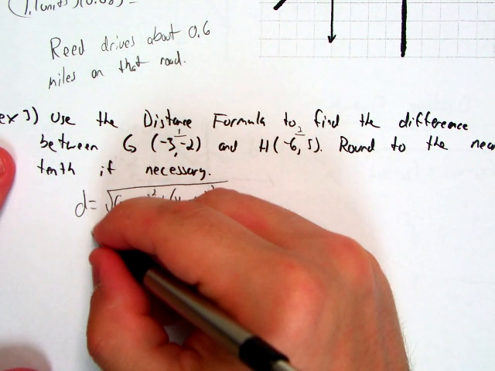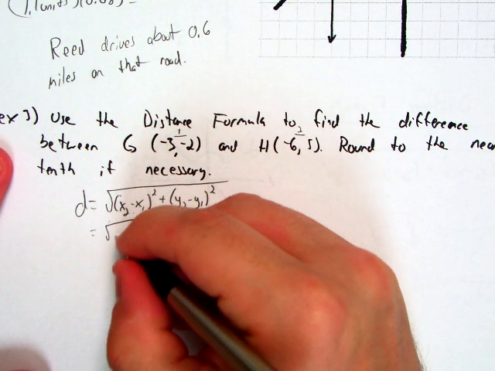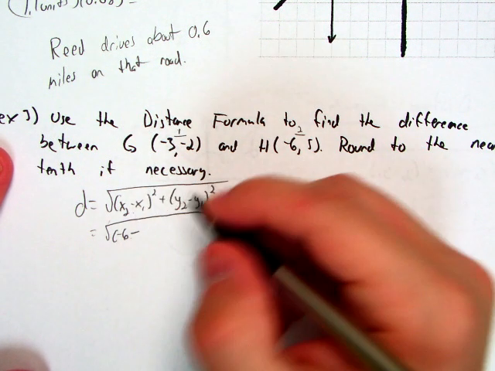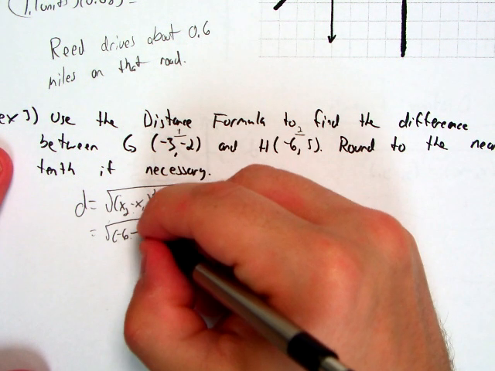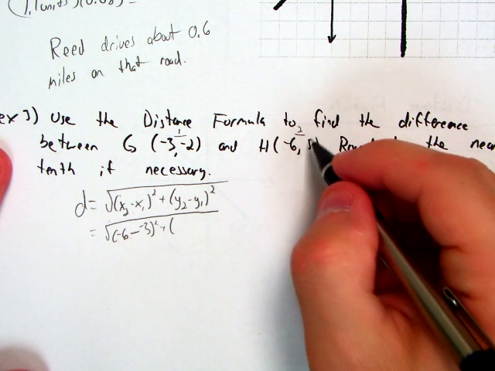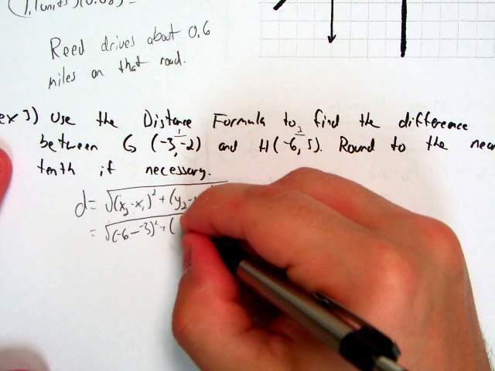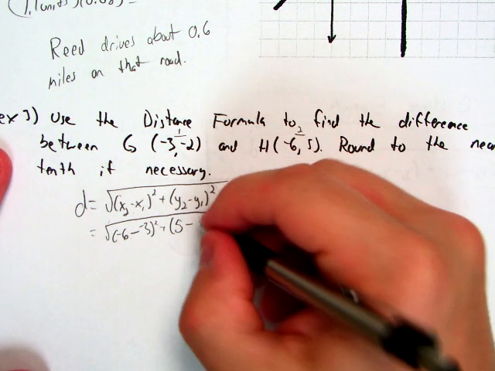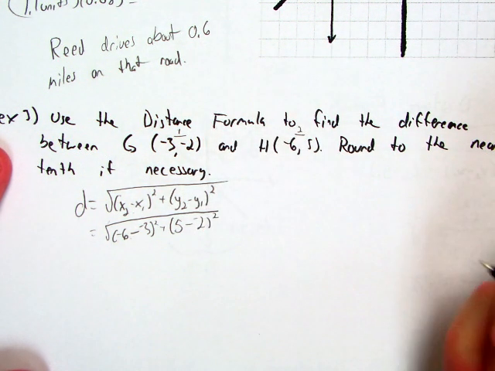So the x value from the second ordered pair is -6. The x value from the first ordered pair is -3. The y value from the second ordered pair would be 5. The y value from the first ordered pair is negative 2.